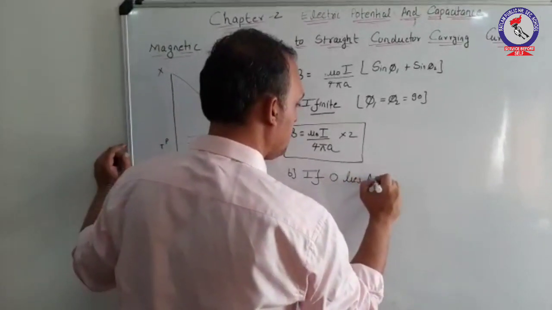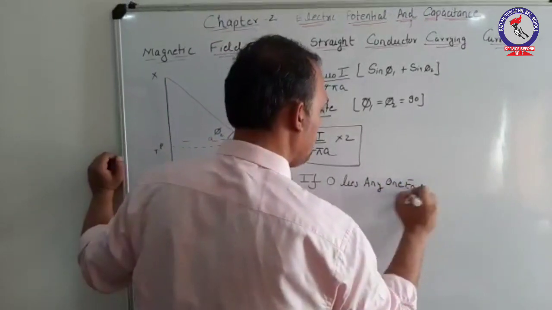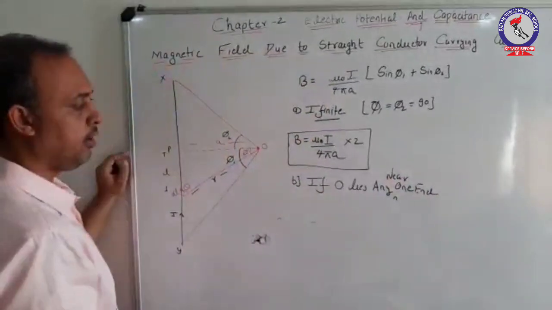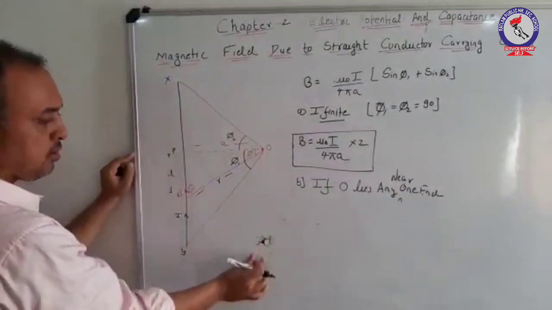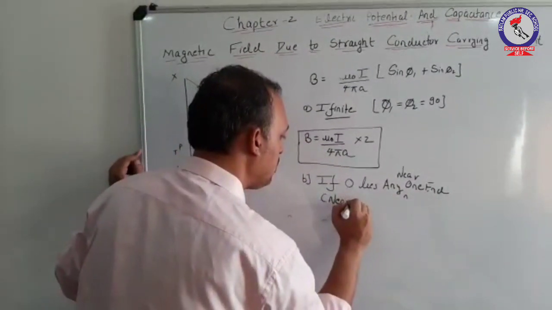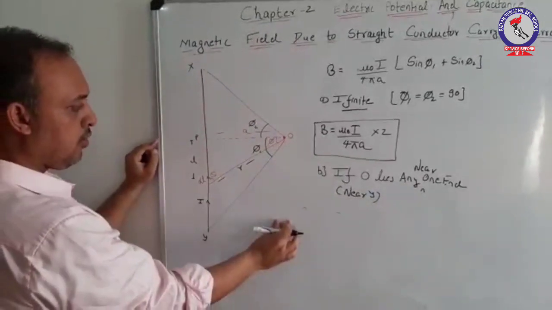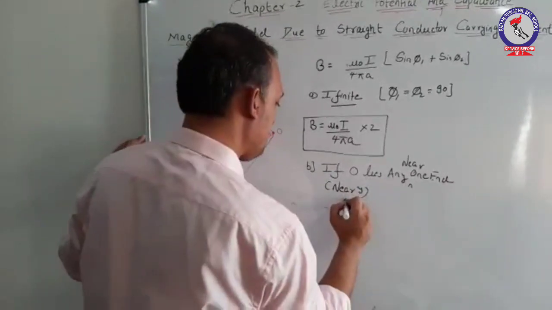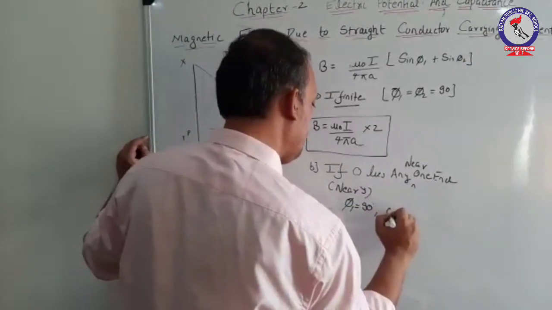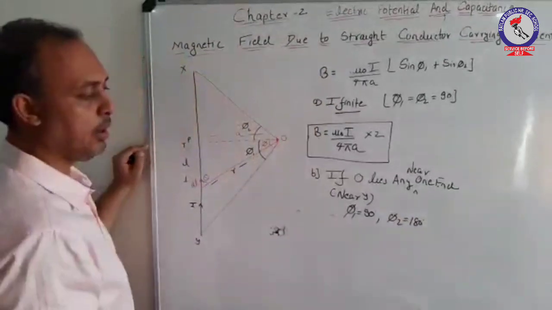Point number 2. Let us suppose this point O lies near any one end, near Y. If you take this point O near Y, under this condition, phi 1 will be 90 degrees and phi 2 will be 180 degrees.